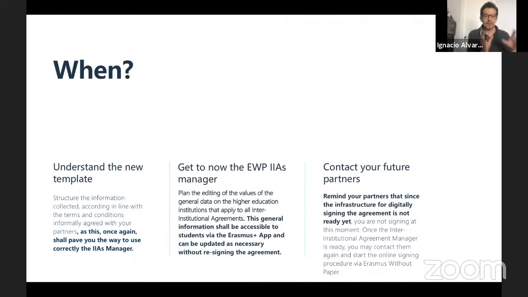How far we and our staff will be able to understand the different functionalities of the interinstitutional agreements manager will help us to carefully check that we have prepared the information correctly just before the moment that we can press the button, as our colleague from Porto mentioned at the end of his presentation, and actually sign the agreement and notify our future partner that we expect them to do so.